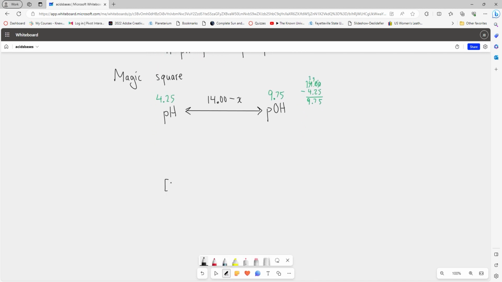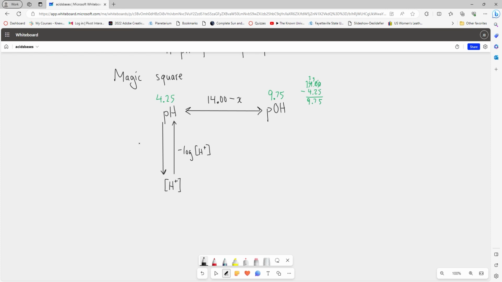To go between the pH and the actual concentration of H plus, we recall that pH is by definition the minus log of the concentration of H plus. That's if you know the H plus concentration first. Here we don't. We know the pH. So we have to go the other way.